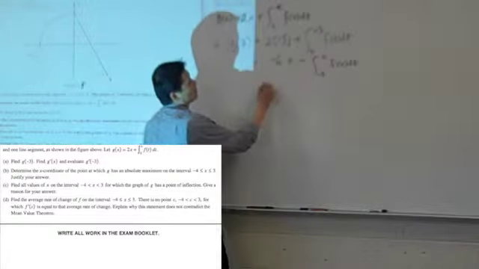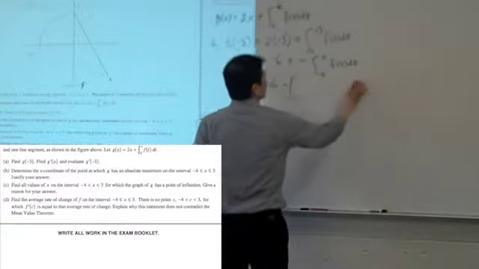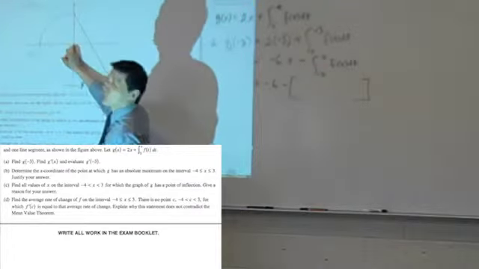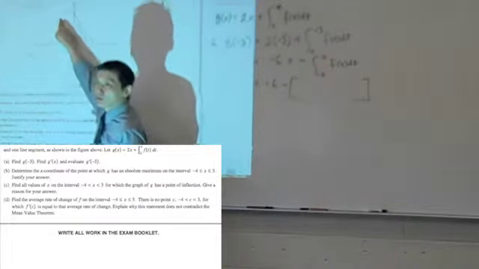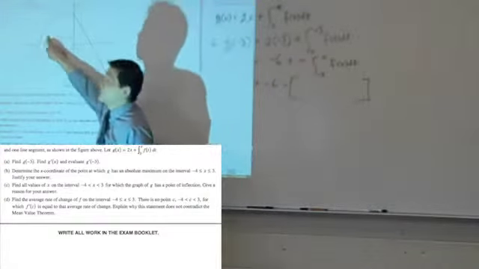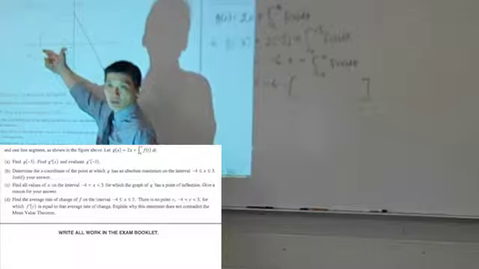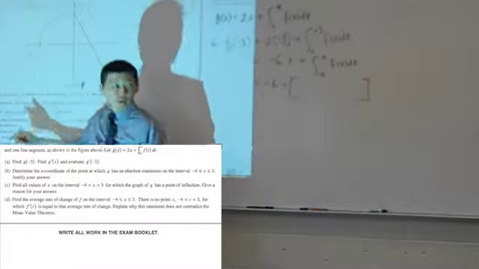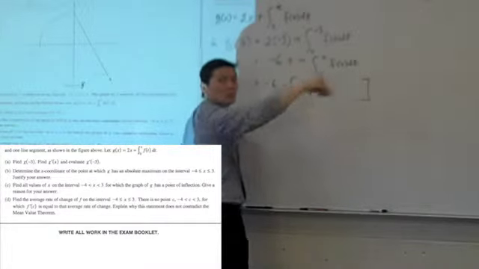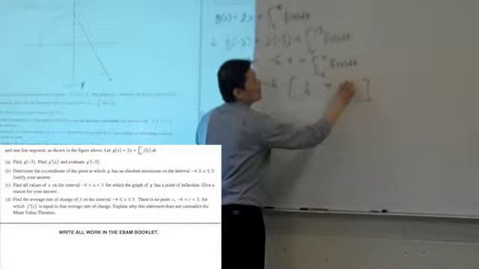Now, this becomes -6 minus the integral from -3 to 0. So we're talking about this area under the curve. But this is a quarter circle with a radius of 3. So it's a quarter of a circle, and the radius is 3, so it's pi times 3 squared over 4.